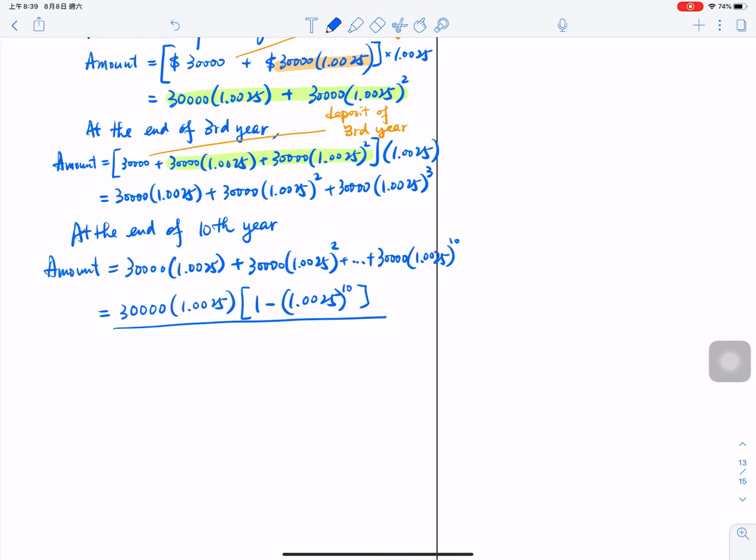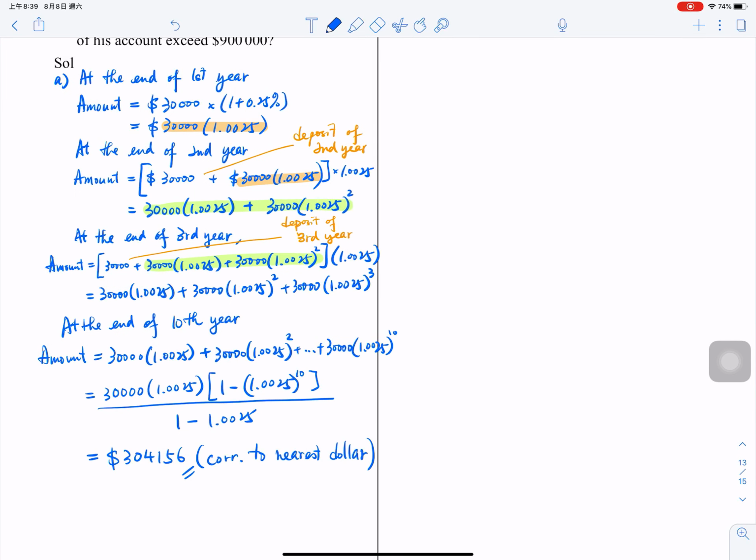This one is R, 1 minus R. Okay? So at the end, this one is $304,156, correct to the nearest dollars.